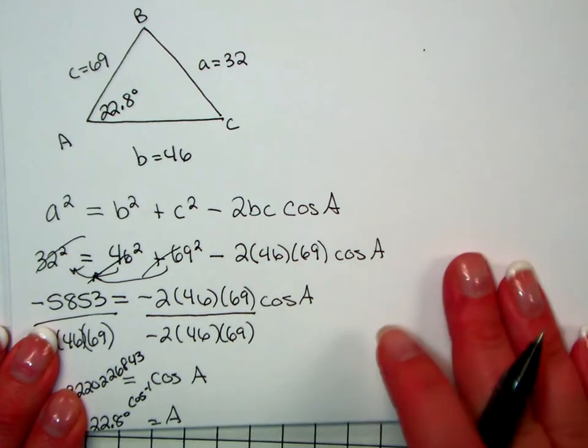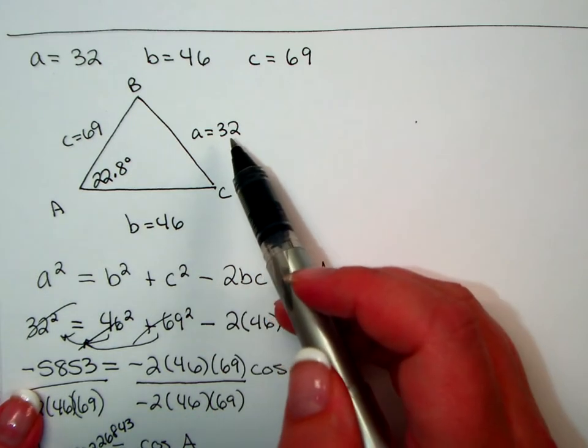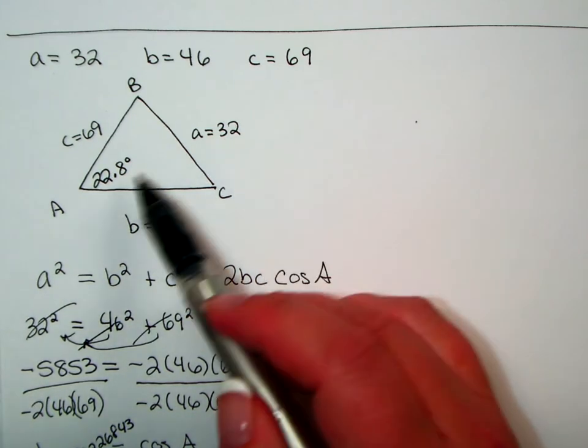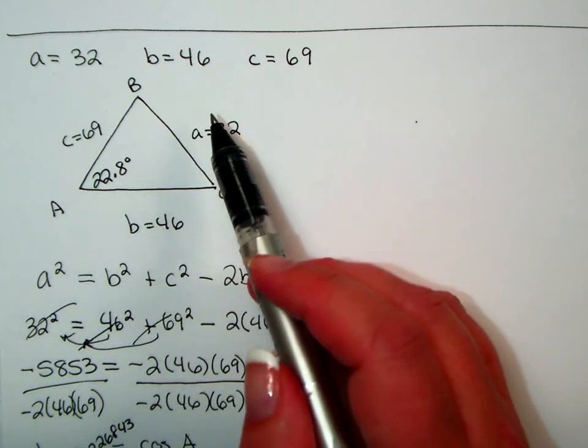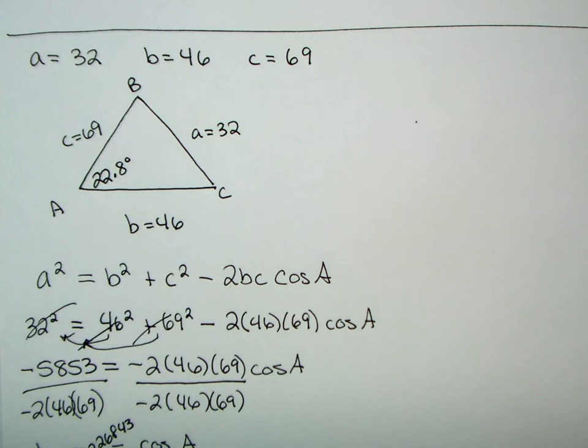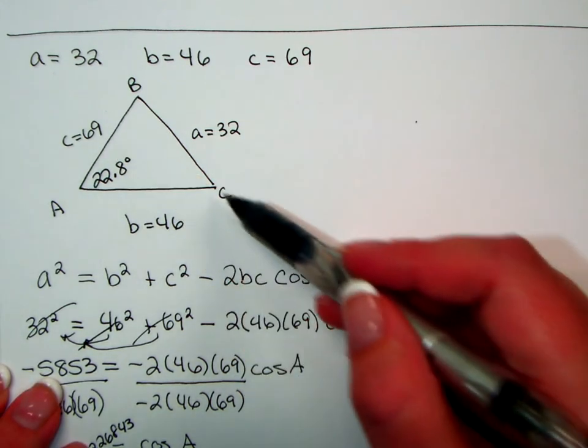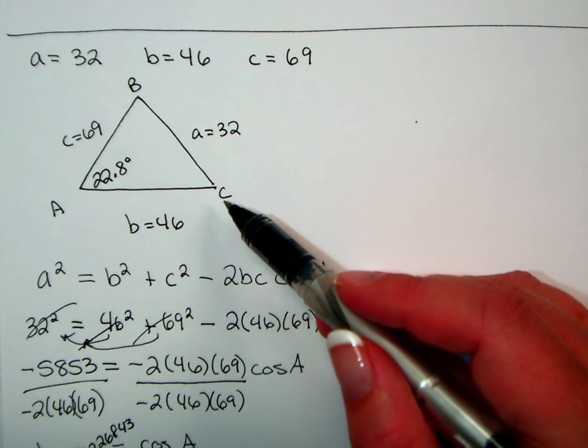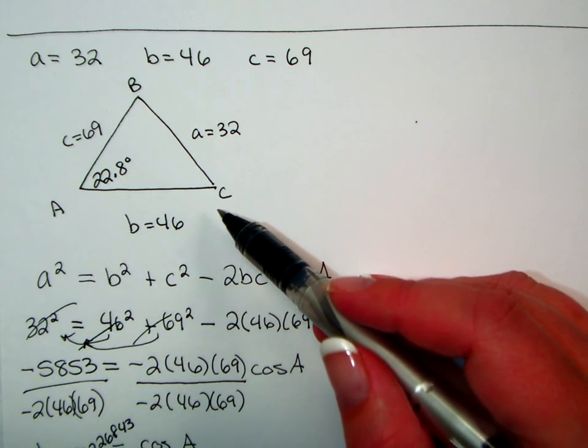Good. So 22.8 is across from 32. So this should be my smallest angle, right? Let's go ahead and do the bigger angle. Let's do angle C. That should be the biggest angle we get.